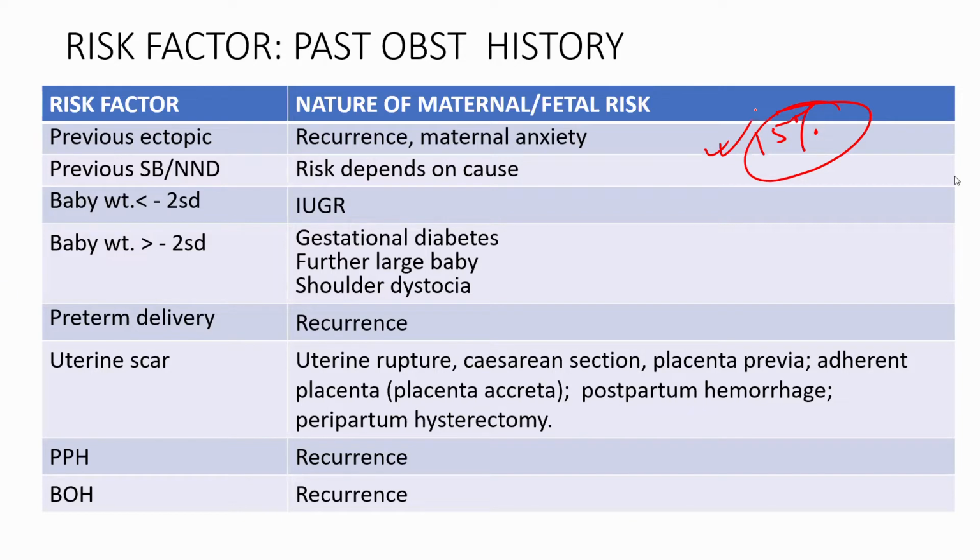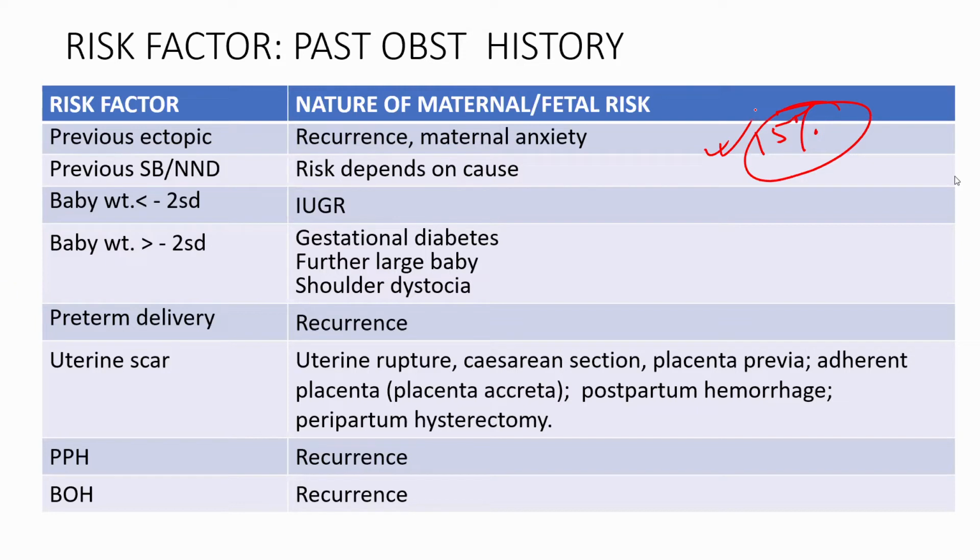Similarly, birth weight less than 2 standard deviation, that is IUGR, and more than 2 standard deviation, especially linked with maternal diabetes, obese patients, or a large baby, there is a chance of shoulder dystocia. So when you follow the patient and look at the pattern of the baby's weight, it also determines risk.